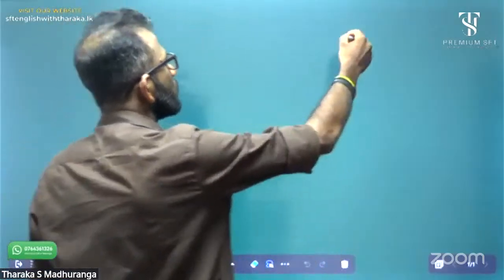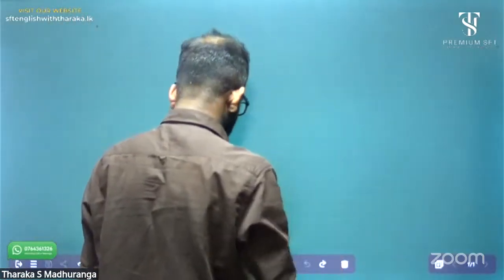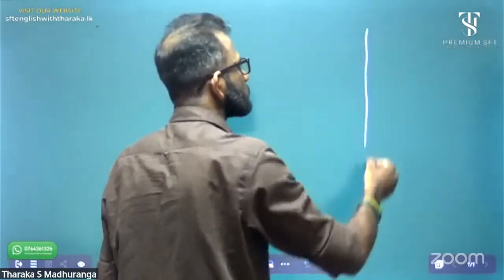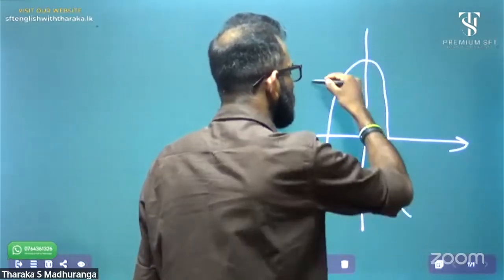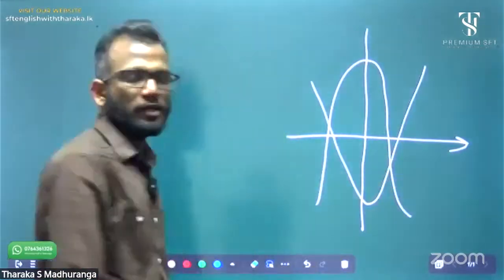What's the difference between them? In linear functions, we mainly discussed straight lines on the Cartesian plane. In quadratic functions, we mainly discuss parabolic shapes on the Cartesian plane, maximum and minimum parabolic shapes.